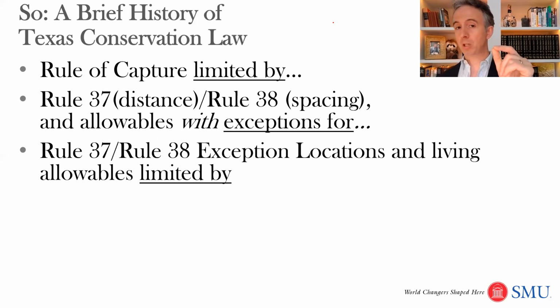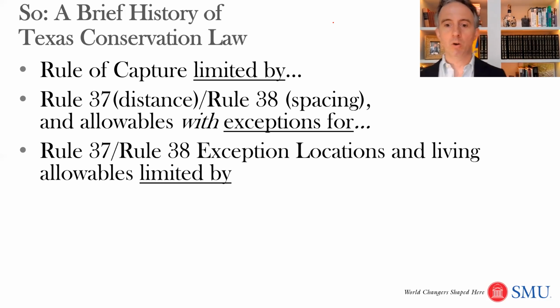So you get an exception location if you have a smaller property, and for living allowables. So at least historically on old fields discovered between 46 and 62, you have the ability to get living allowables, which is basically enough to make the oil and gas well worthwhile.